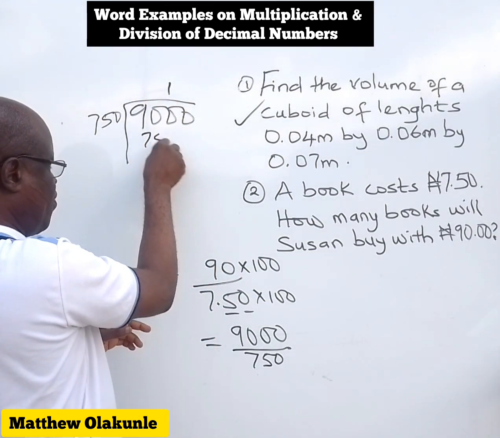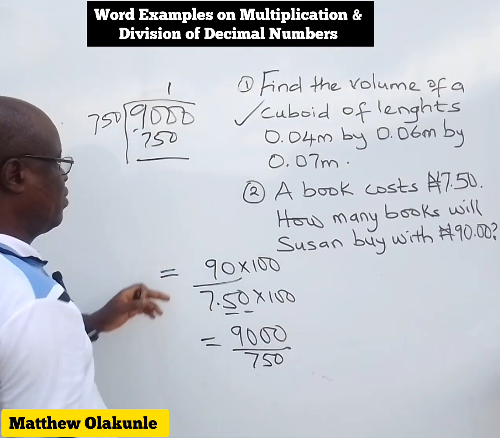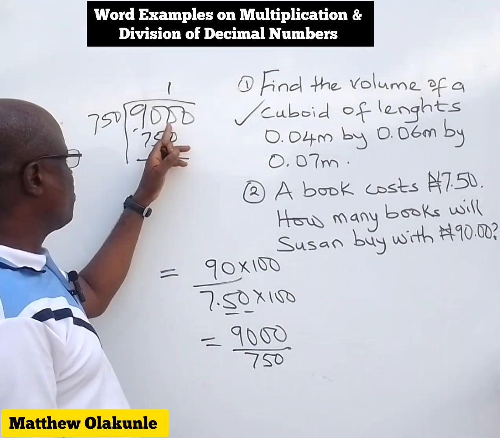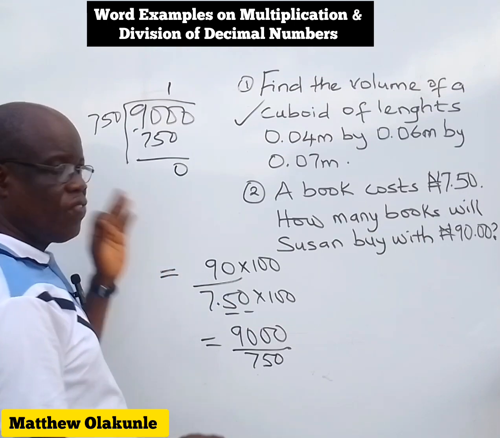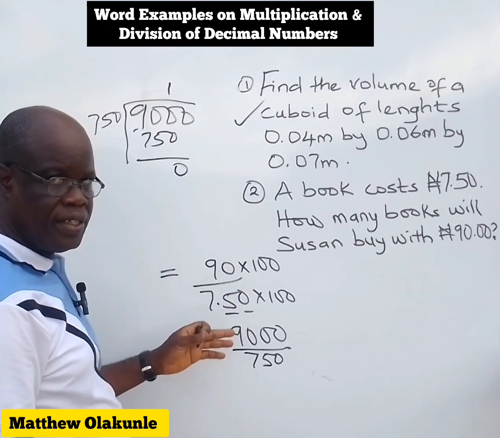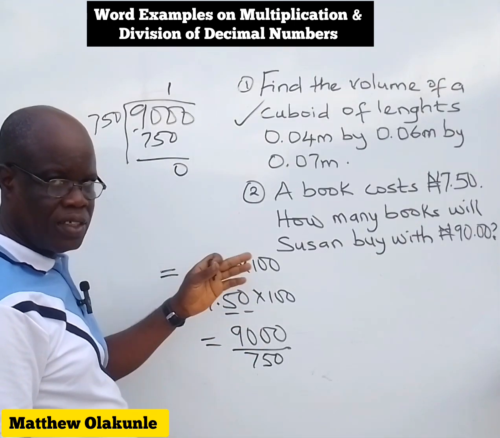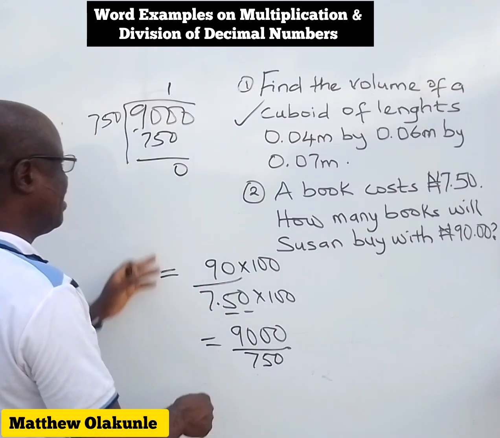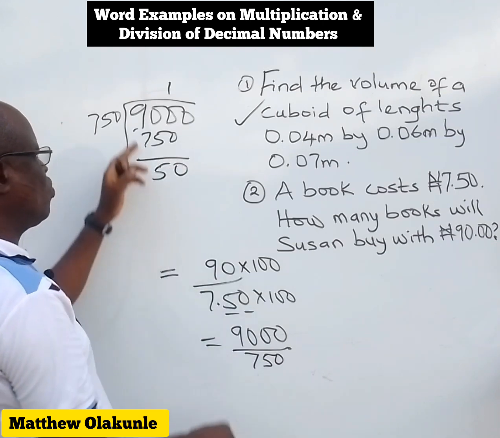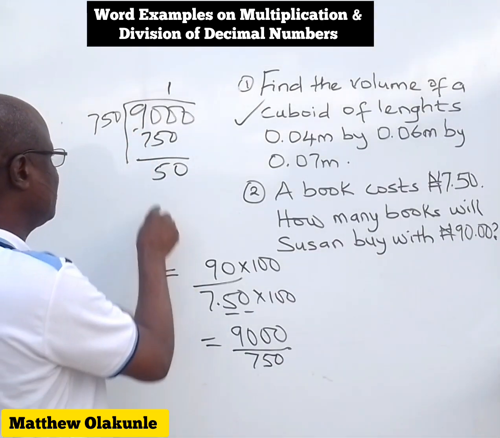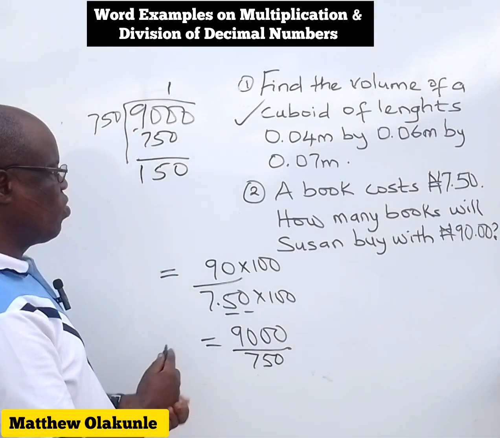That's 750. Don't forget what you're supposed to do. You divide first. After that, you multiply. After that, you subtract and continue that way. So from 10, take away 5. This one remains 8. From 8, take away 7, 1. So you bring down.